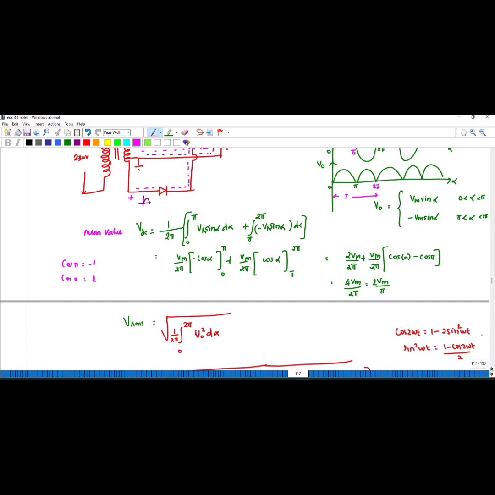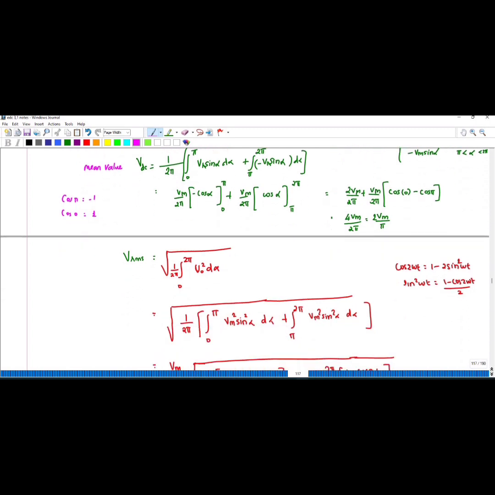Next, you need to find the root mean square value or effective value, or Vrms value. That is equal to the root of 1 divided by 2 pi, integral from 0 to 2 pi, of the square of this value, d alpha.